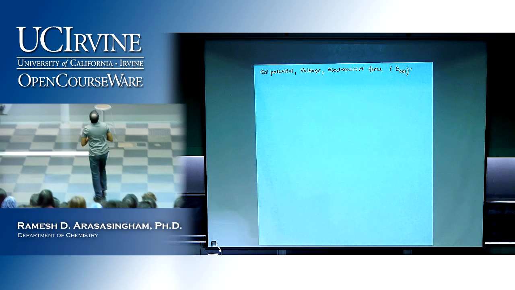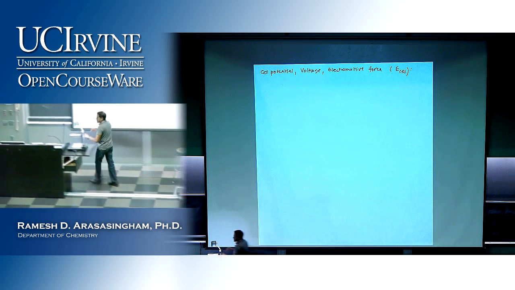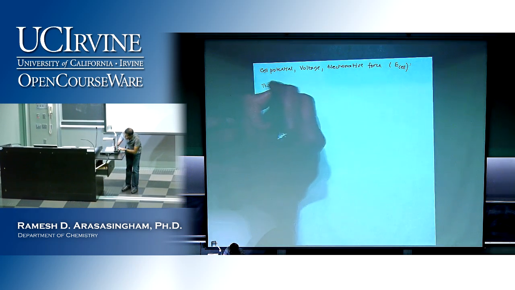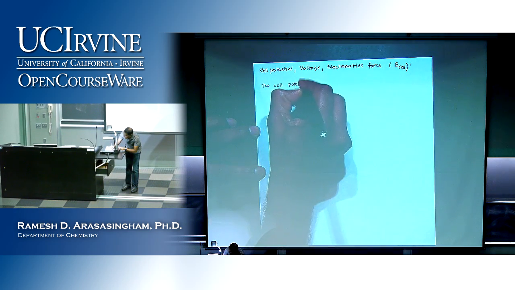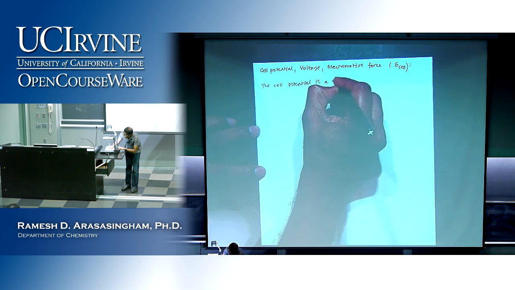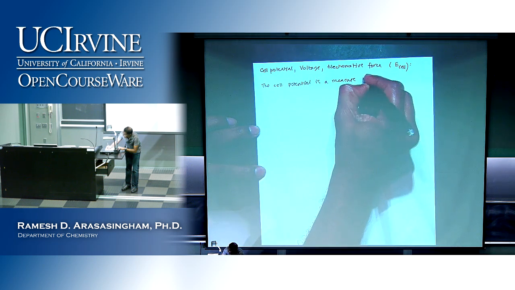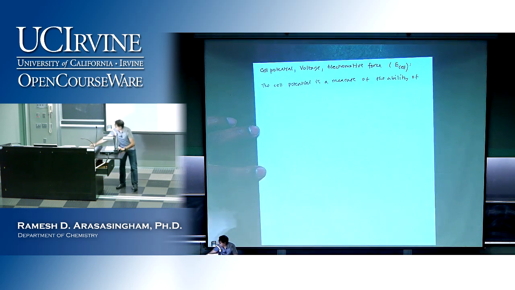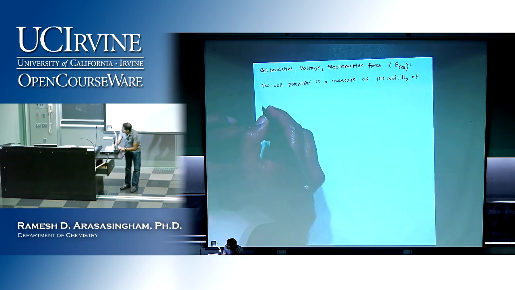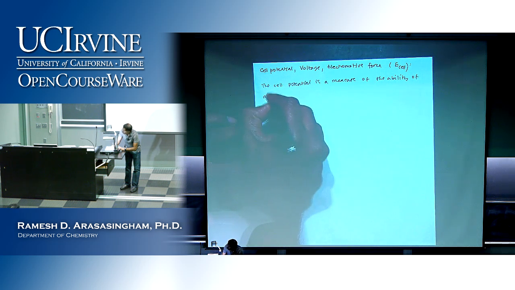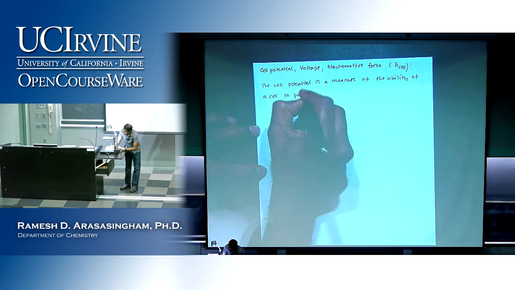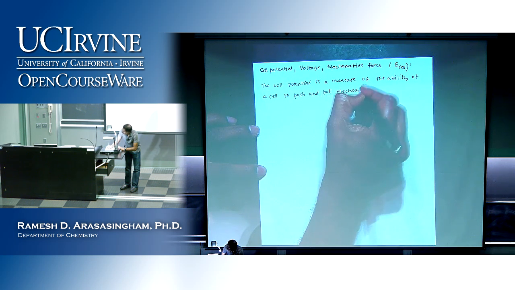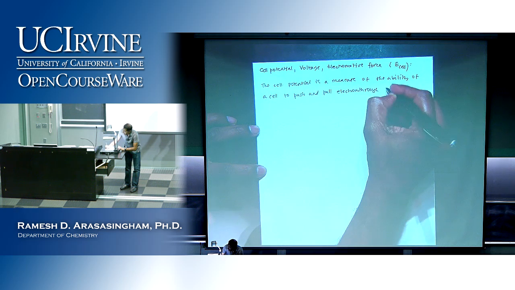All right? So if you want to define what cell potential is, the cell potential is a measure of the ability of a cell to push and pull electrons through a circuit.